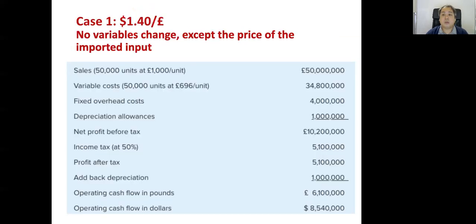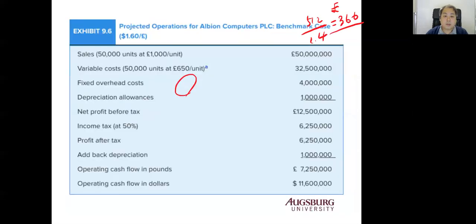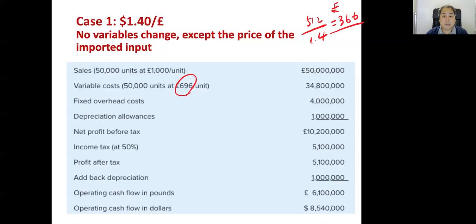So the cost of the imported input rises to 512 divided by now 1.4, rather than 1.6, which is 366 pounds. Which means that you have increased variable cost basically. Okay, so your variable cost, let's say, increased to 696 pounds, compared with the previous example of 650 pounds, right?